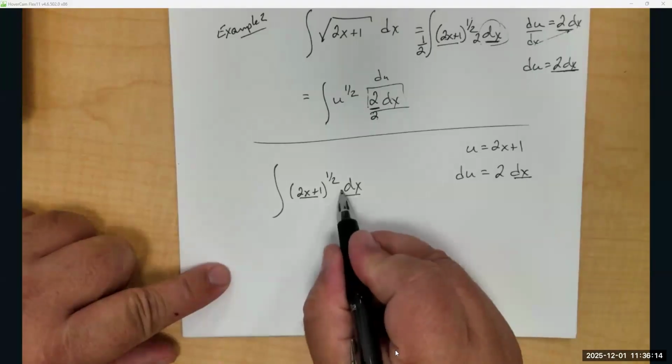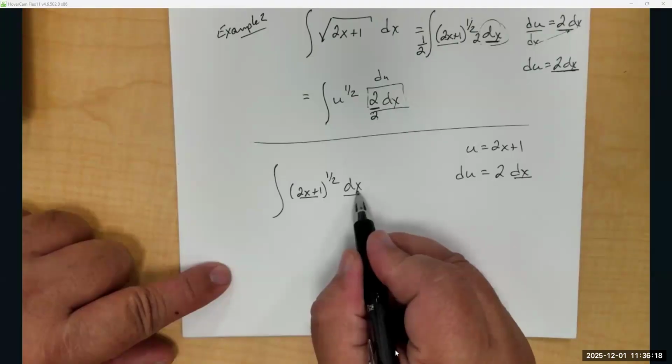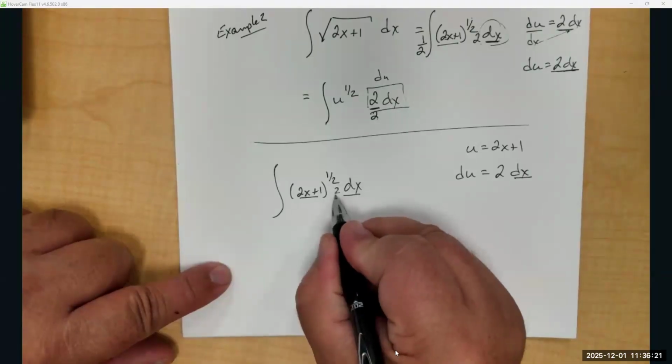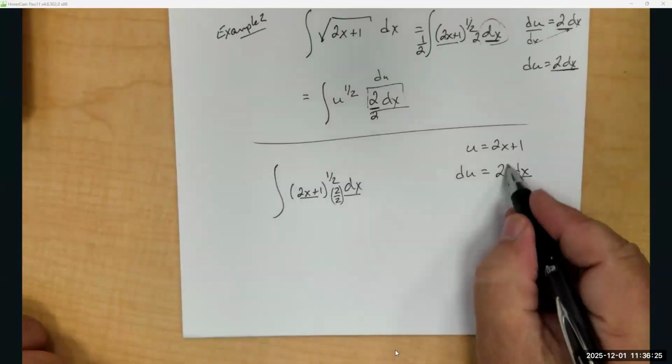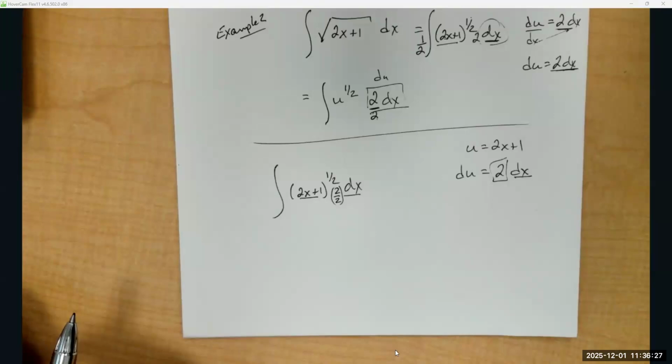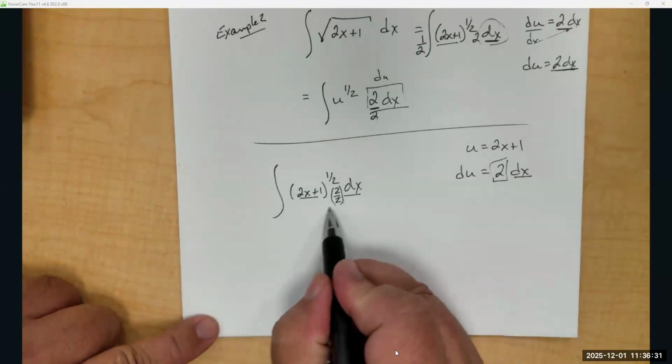We don't have a 2. What's the coefficient of dx? 1. So it's 2 over 2. Because we need to have a 2 in front of it. So that 2 can stay there. Where does this 2 come? It goes out in front.